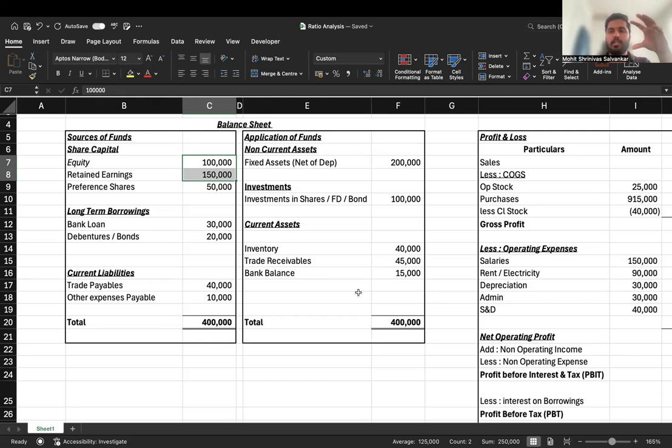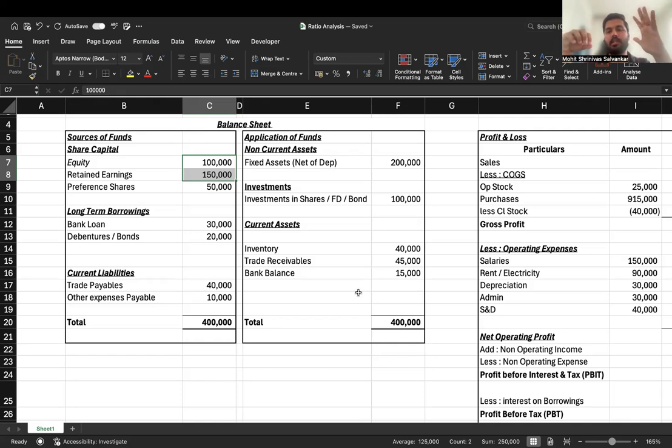So current assets are the assets which are expected to be converted into cash within the next 12 months, and the current liabilities are the liabilities which are expected to be paid off within the next 12 months. So it talks about how large your current assets are against your current liabilities. How many times are you able to pay off the current liabilities considering your existing current assets?